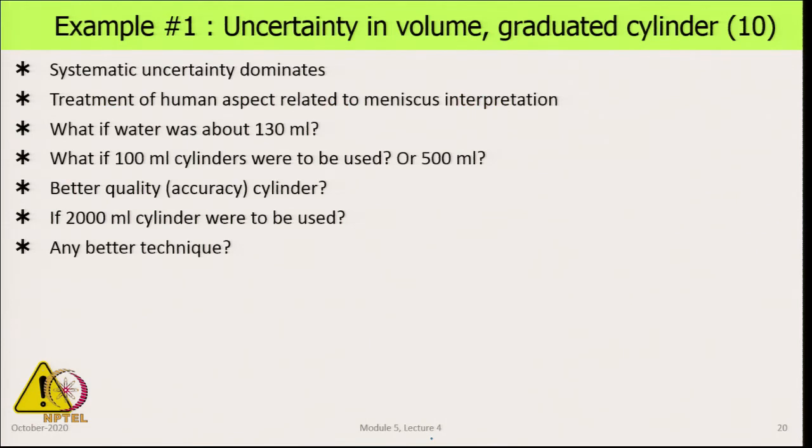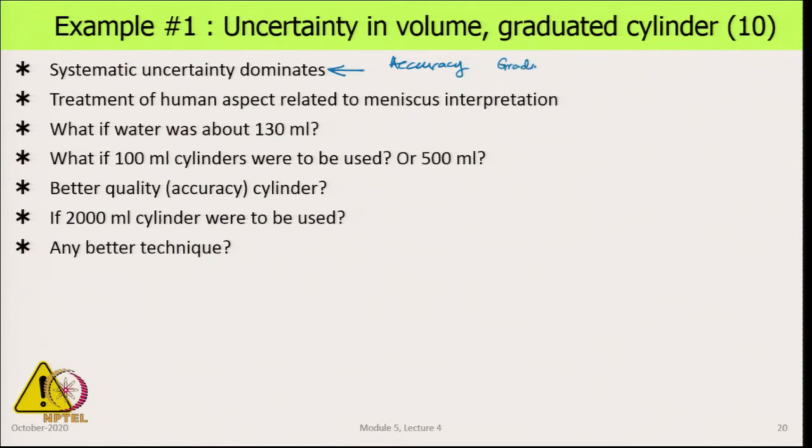So, now this analysis leaves us with a lot of questions. First, we look at what information we got, and we saw that compared to the random standard uncertainty, it was the systematic uncertainty which was dominating the measurement. So, it tells us that yes, make multiple measurements so that you reduce your random standard uncertainty, but if you really want to improve things, you have to tackle the systematic standard uncertainty, which is coming either from accuracy, but again we saw in that calculation accuracy was only 1.5 milliliters standard error.